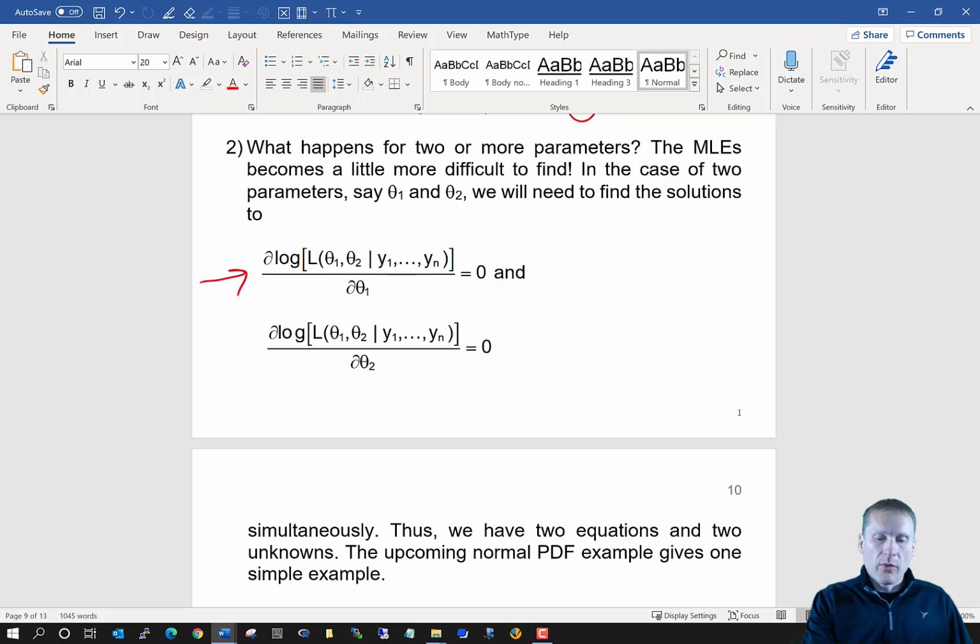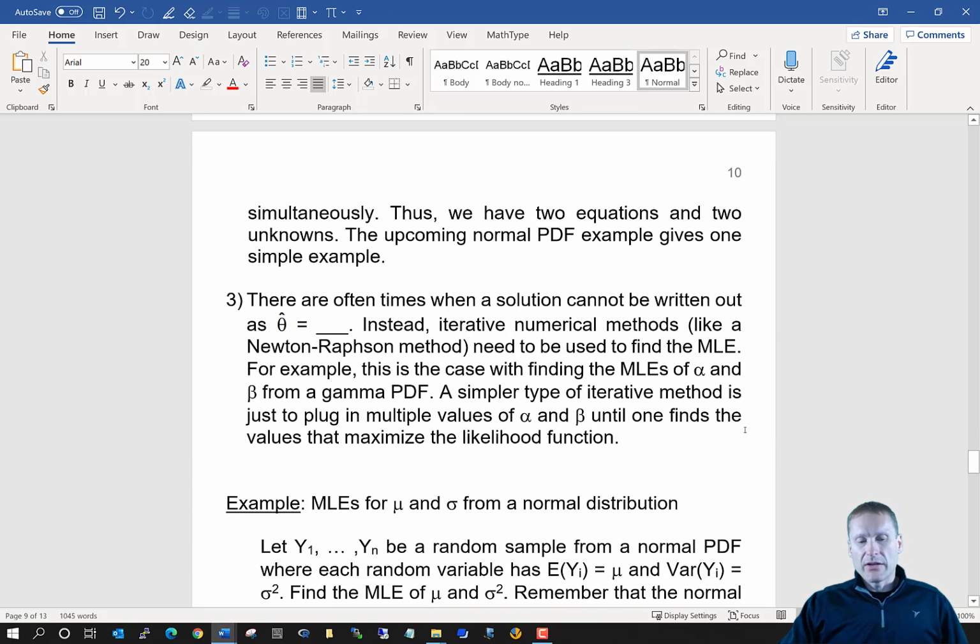So with respect to theta 1, I do that separately from doing it with respect to theta 2. Set these partial derivatives equal to 0. Solve for the corresponding parameters. So in this case, I have 2 equations, 2 unknowns. Then the corresponding solutions will be the MLEs. We'll have examples showing that shortly.